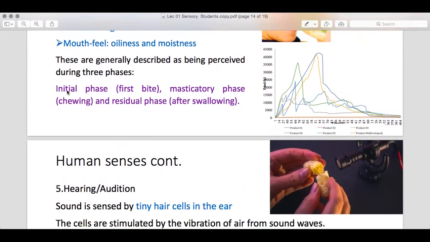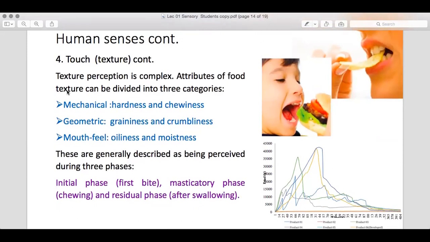Masticatory phase means we are chewing the food, we are biting the food. And residual phase after swallowing, right? These are the three phases. We just take the food into the mouth and start to bite, first stage.